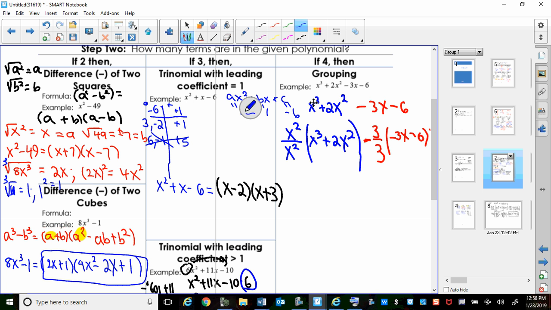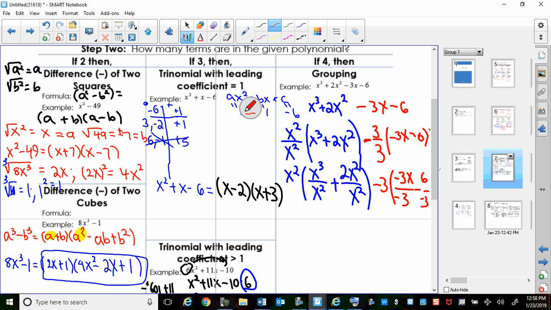Now, part by part, x squared stays outside on the top, and on the inside x cubed over x squared plus 2x squared over x squared. Keep moving. Minus 3 times negative 3x divided by negative 3 minus 6 divided by negative 3.